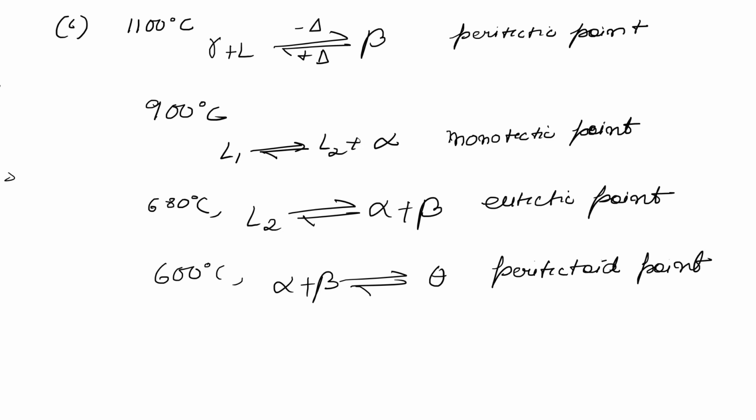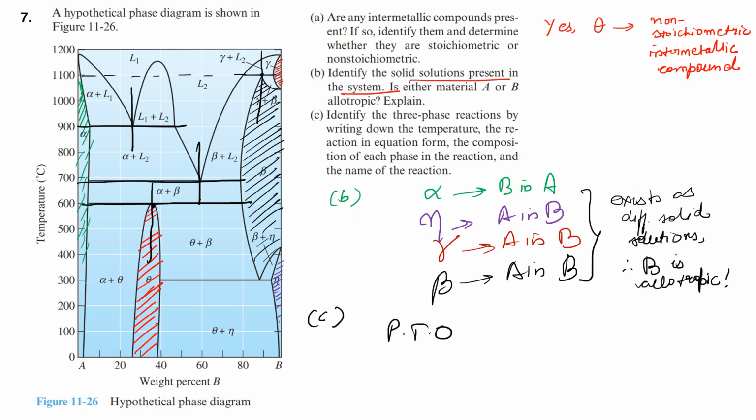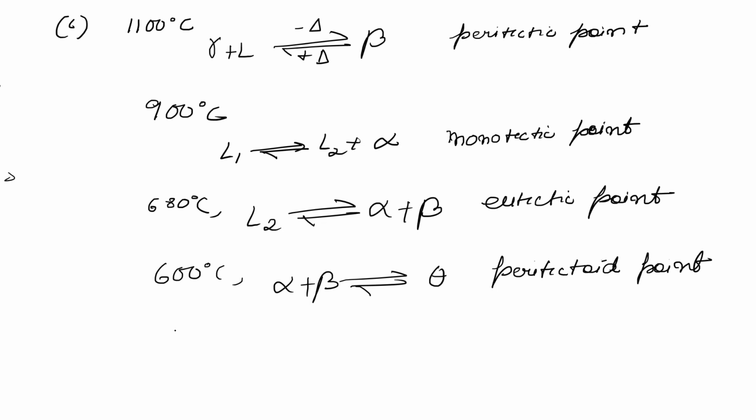Right? And finally at 300 degrees centigrade, you can see here beta plus eta transforms to theta plus eta. So it's a solid to solid transition, but this diagram looks like a eutectic point, although there's no liquid here, so it's a eutectoid point, not eutectic, rather eutectoid.